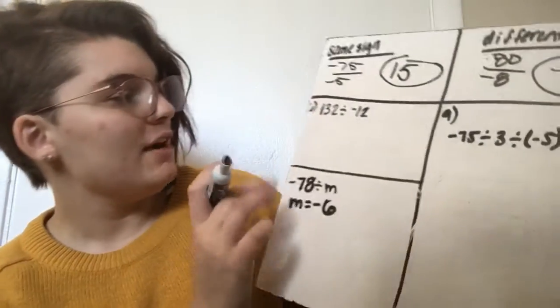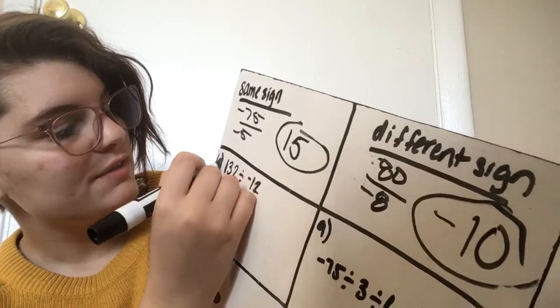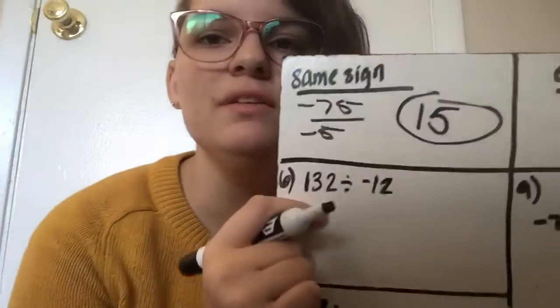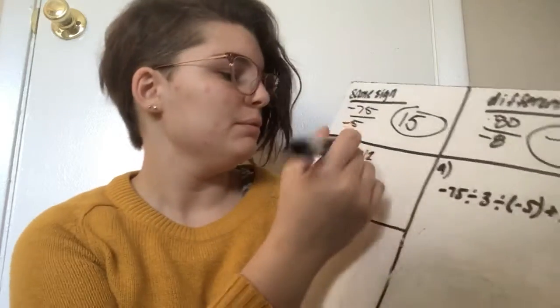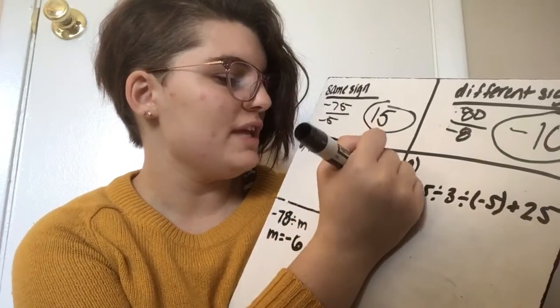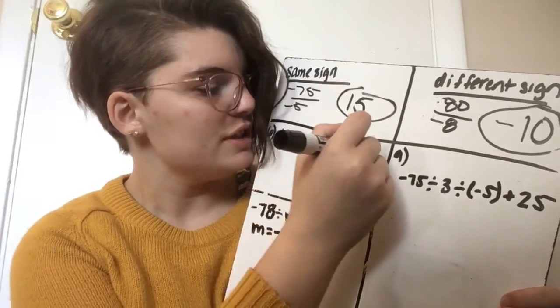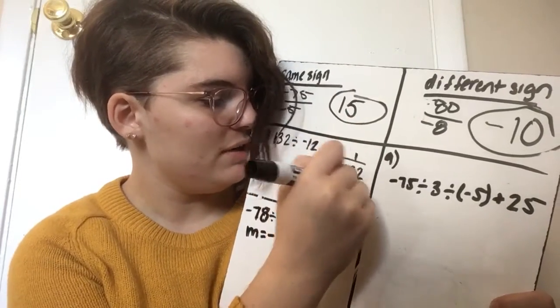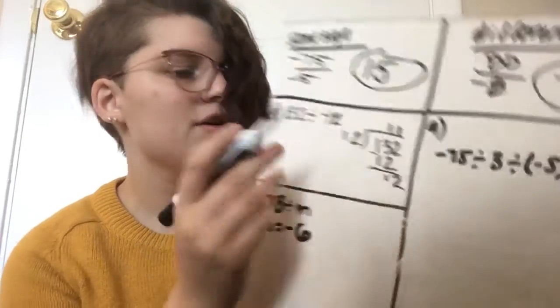We're going to jump down to number 6, just for one more example on that section. You have 132 divided by negative 12. Now, 132 divided by 12, if I do that math, 12 goes into 13 once, 12 times 1 is 12, 13 minus 12 is 1, carry the 2, you have 12, there are no remainders.